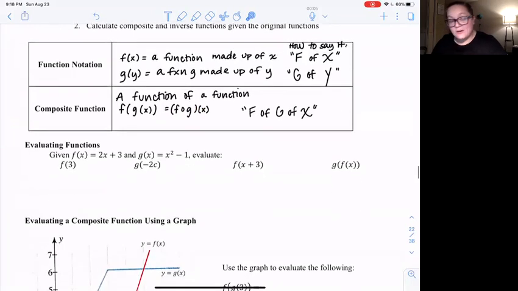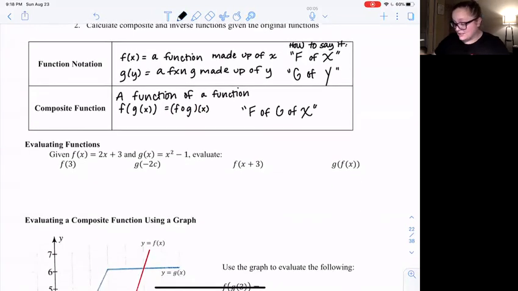So let's talk about how you evaluate composite functions. Something pretty simple like f of 3. What you're going to do is replace all of those x values that you see with 3. In this case, we have f of x is equal to 2x plus 3. So f of 3 is going to be 2 times 3 plus 3.